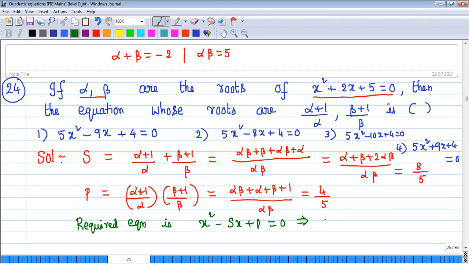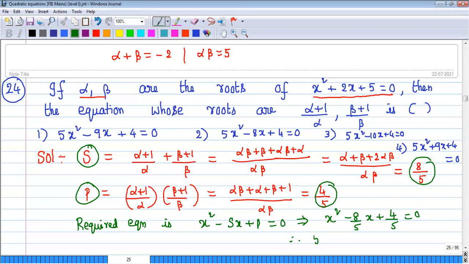That implies x square minus 8 by 5 times x plus product of the new roots, that is 4 by 5. Now what shall we do? Multiply both sides with 5 so that we get 5x square minus 8x plus 4 equals to 0. Yes, answer is there. Option 2.